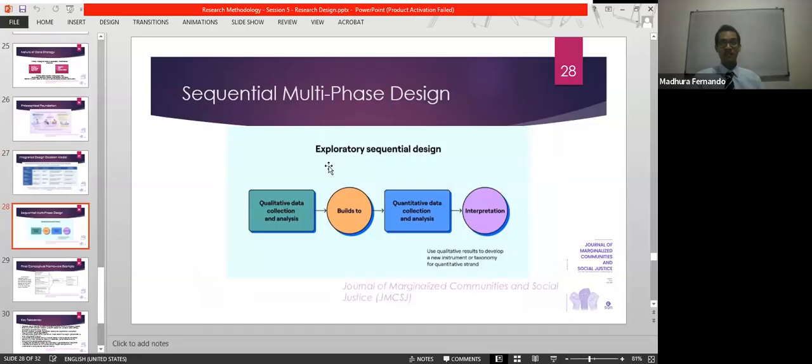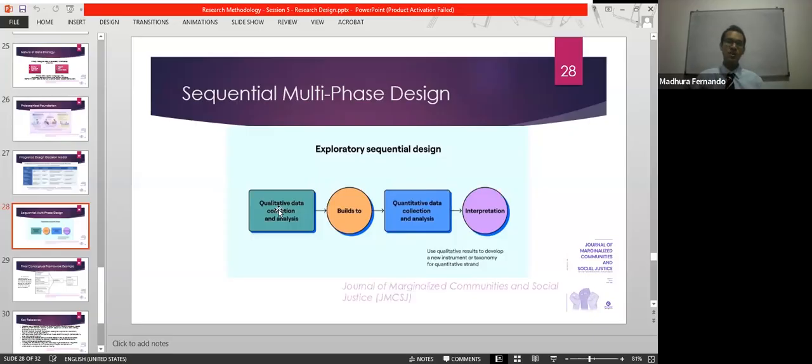Sequential multi-phase design, exploratory sequential design. You use your qualitative data collection and analysis to build to quantitative data collection and analysis. You get a certain theoretical grounding using your qualitative data: the employee experience, in-depth interviews, focus group discussions. With those, you get a certain qualitative approach. With this approach, you define the variables, and you get the dimensions, indicators, everything.